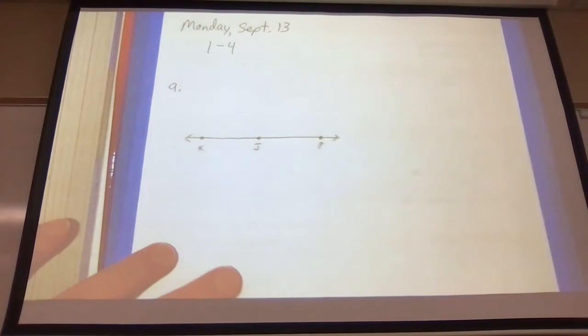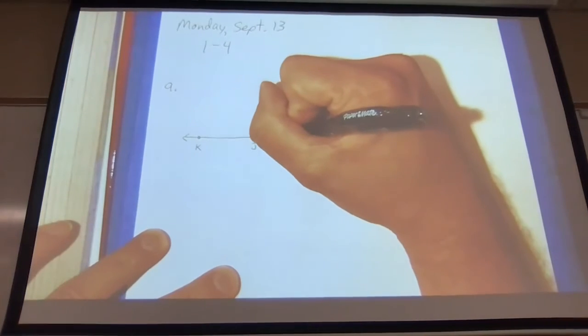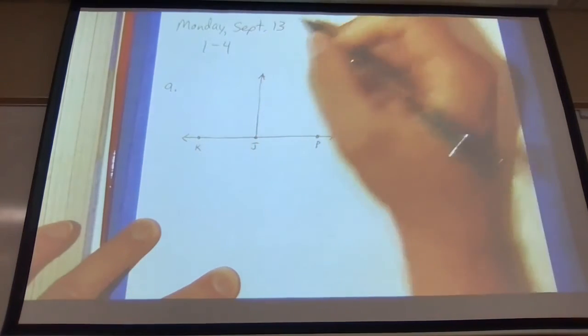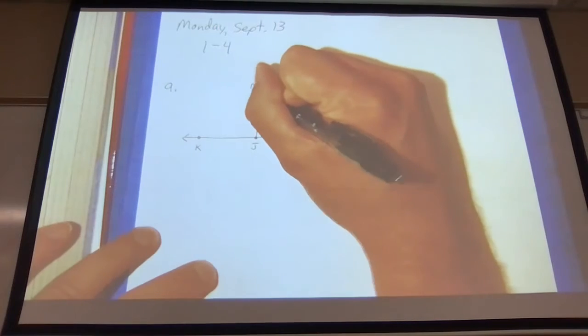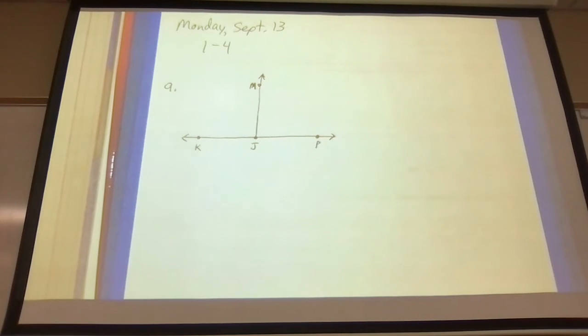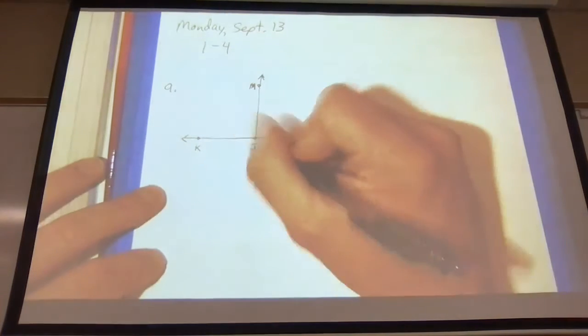We're going to add to the picture here a little bit. Going straight up from there, we're going to have a ray, with point M on it. And we're going to make a right angle.